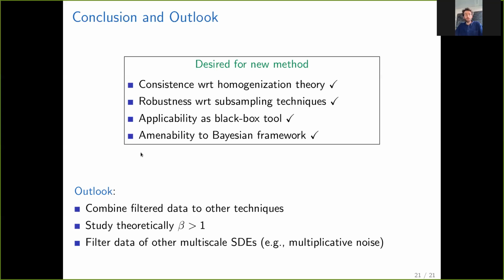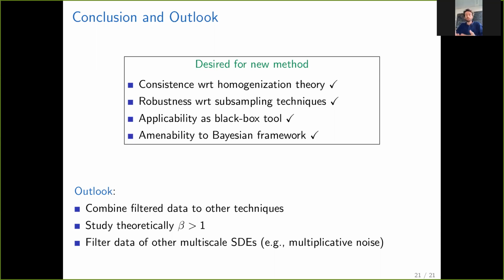What's left to do is to combine this filtered data with other techniques, for example the ones developed by Sebastian, if that is possible, or the spectral techniques for estimating the drift coefficient. Another direction would be to study theoretically what happens if you take a beta bigger than 1, which appears to be extremely good.